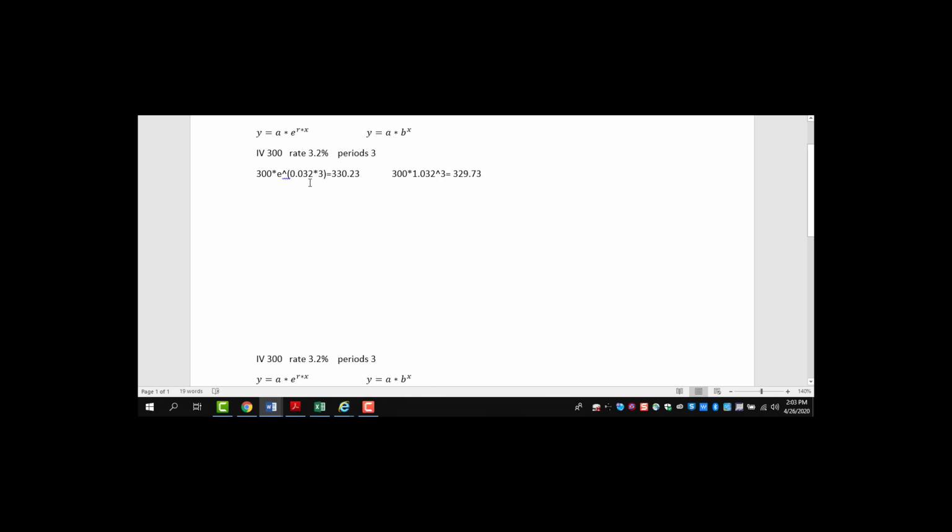Now I want to do one with decreasing continuously. Okay, now pay attention to this because this is different, right? I'm going to use the decimal, but I'm going to use the negative decimal. So watch this. So my initial value is 500. e is not going to change, but my rate is going to be 0.098.